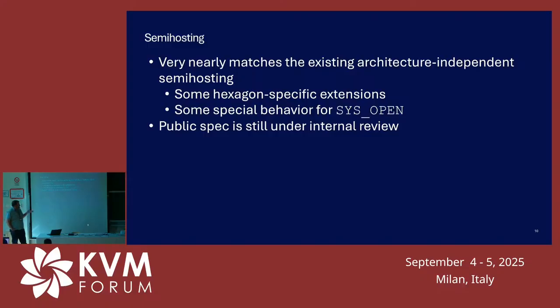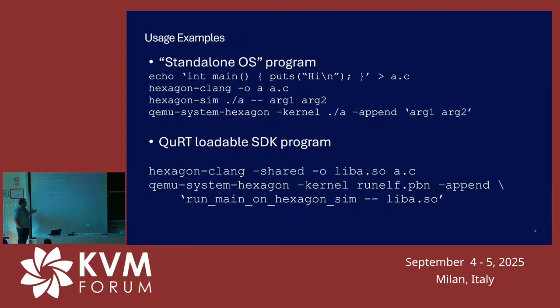There is special behavior for the sys open. We saw on the previous slide that, for example, you might load some shared library. It could have a series of dynamic dependencies that get resolved by the loader. The way that it was solved in the previous existing design with Hexagon Sim was to hook the open call for the loader to be able to have a search path specified for the dependency libraries like the C library, the C++ library for the target.